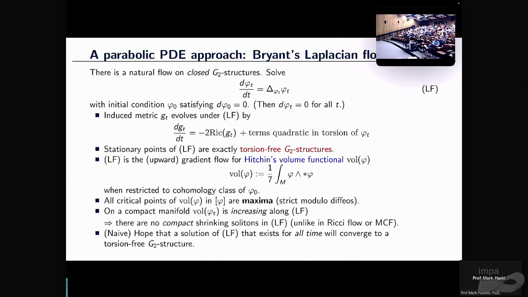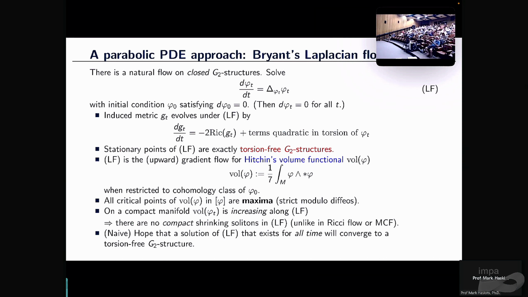But once again, the general hope, and of course this is too naive, is that, suppose I have a solution of Laplacian flow and it exists for all time, then maybe it will converge at infinite time to something that is a stationary solution, namely a torsion-free G2 structure.